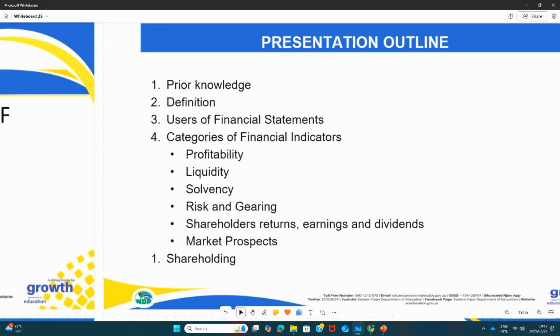We are also going to be defining what is analysis and interpretation. We're going to look at the uses of financial statements, the categories of the financial indicators that we have. We are also going to be looking at the shareholding as well.